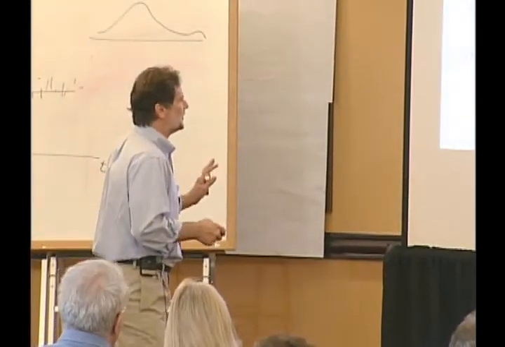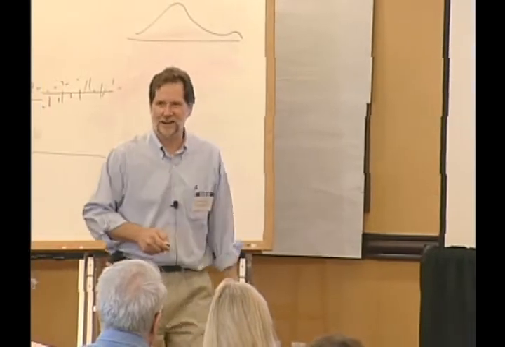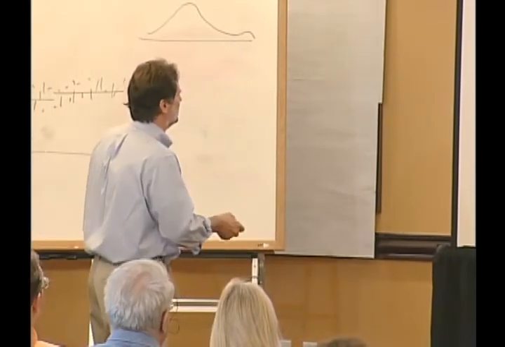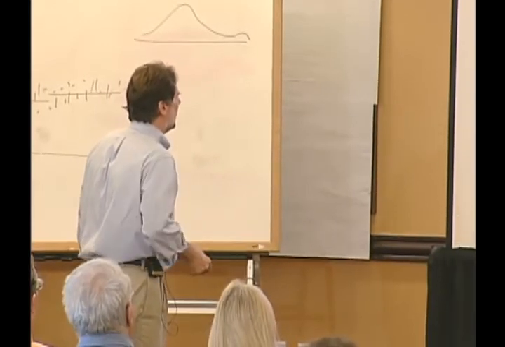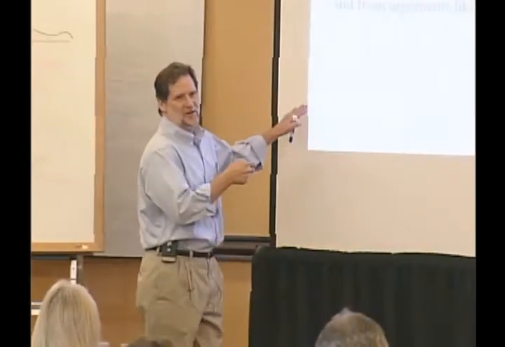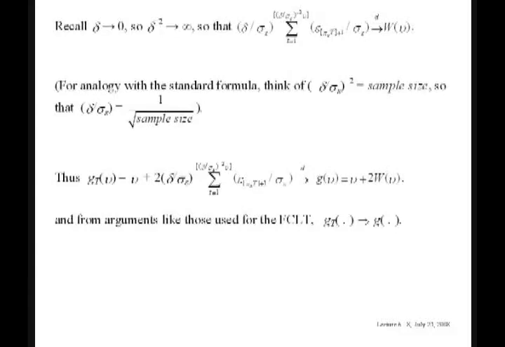Why? This is interesting. I didn't look at this before I got here. Okay, let's go back here. What did I have to do here? I had to divide by sigma epsilon to get this to work.